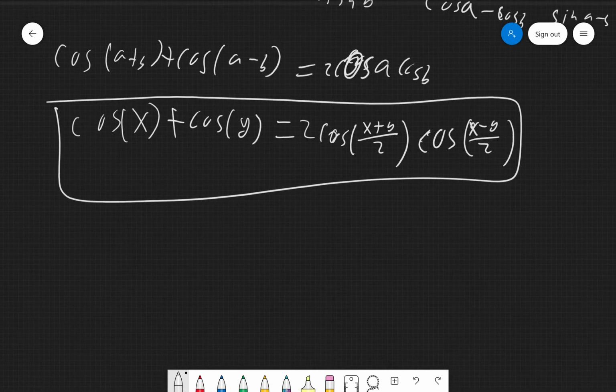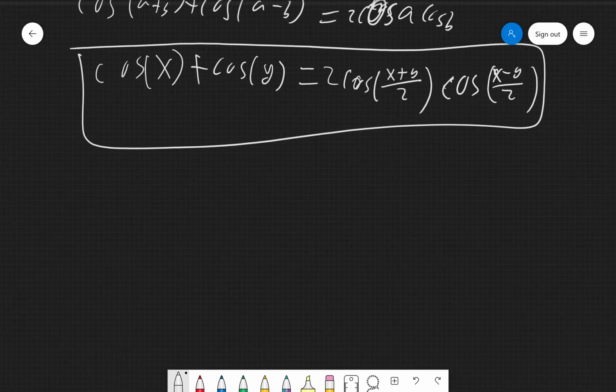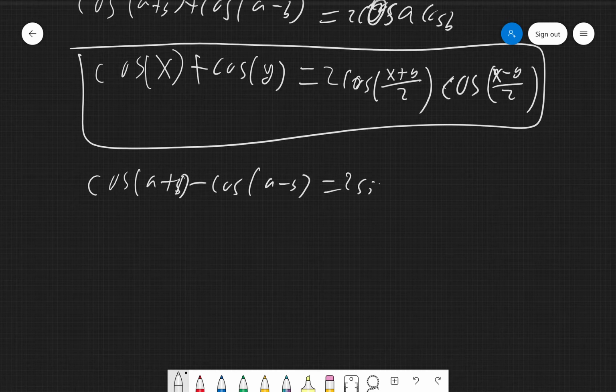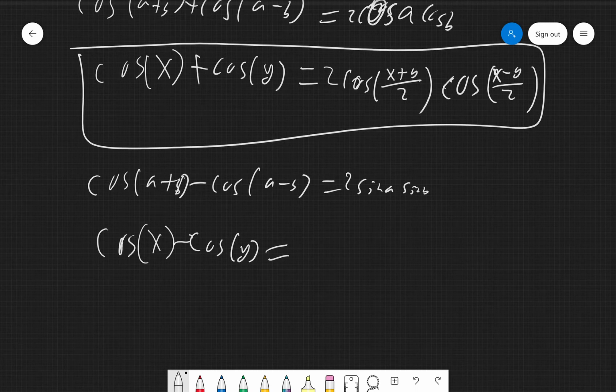Now we're going to do the sine of X plus the sine of Y. So remember, cosine of A plus B minus cosine of A minus B is equal to 2 sine of A sine of B. Okay, so now we can say that A plus B equals X, A minus B equals Y, so we get cosine of X minus cosine of Y. We can also say that in this case 180 or pi minus, and that'll make it negative, but I'm going to use the usual way.